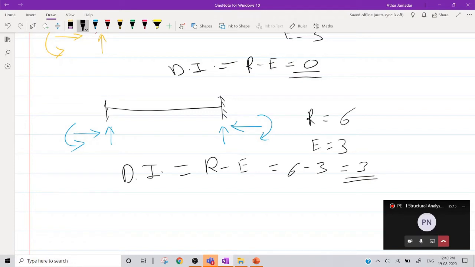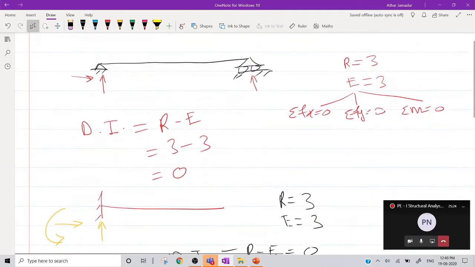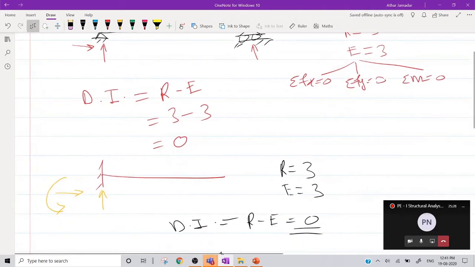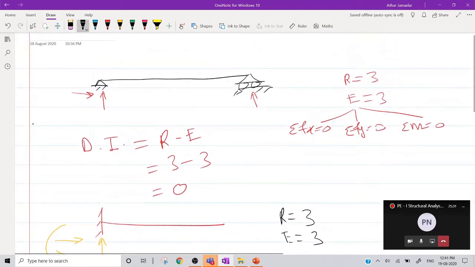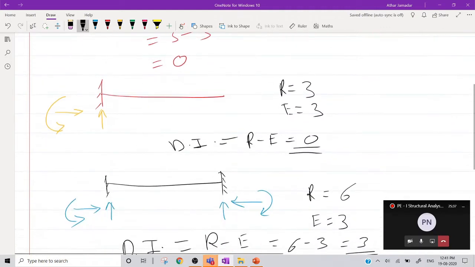That means this structure is not determinate, this structure is indeterminate. What is the meaning of the structure being indeterminate? If you see these examples, this simply supported beam and this cantilever beam, we can analyze these two beams using only these 3 conditions of static equilibrium, that is summation Fx = 0, summation Fy = 0, and summation of moment is equal to 0.